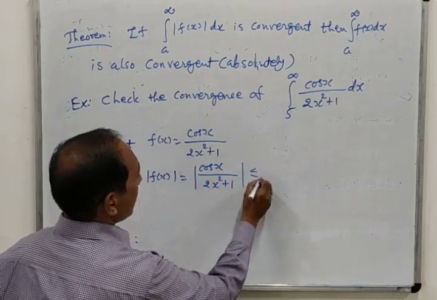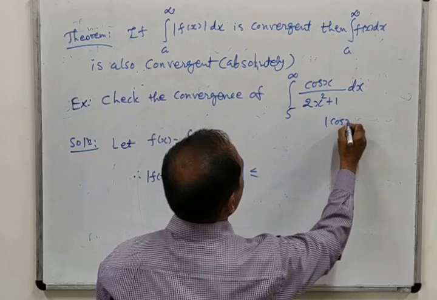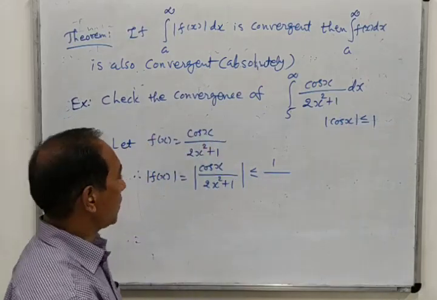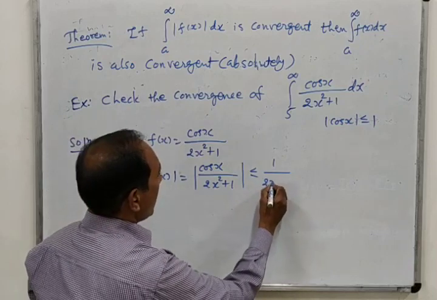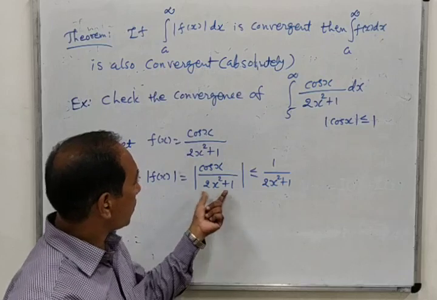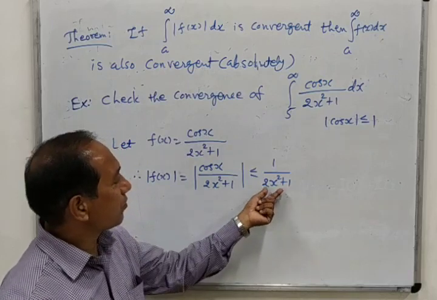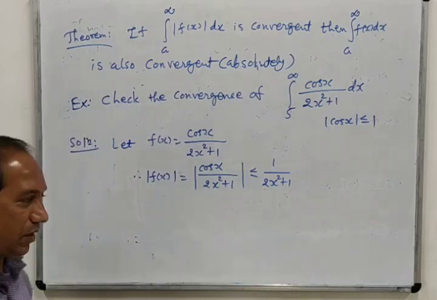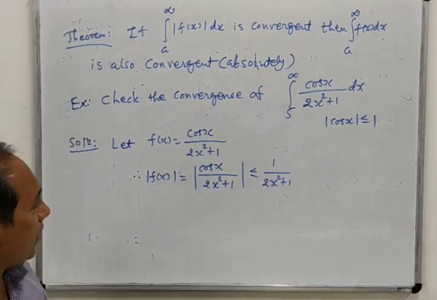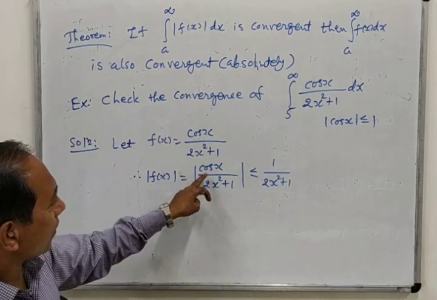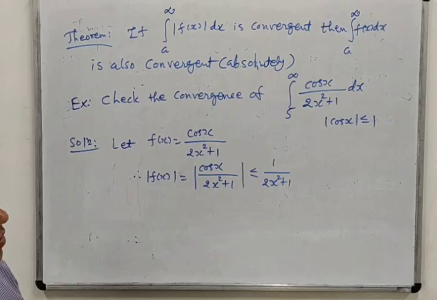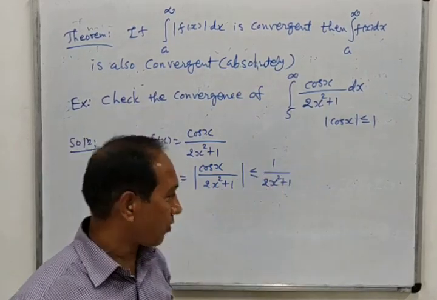But you know that modulus cos x is always less than or equal to 1. And 2x square plus 1, we will avoid to write modulus sign, because 2x square plus 1 is itself positive. Because it is x square, 2 is also positive, 1 is also positive. So this is less than or equal to 1. Modulus cos x is always less than or equal to 1. Similarly, we can also say that modulus sin x is also less than or equal to 1.